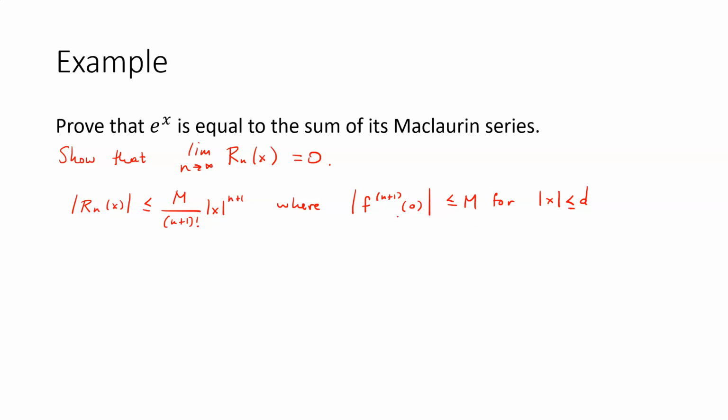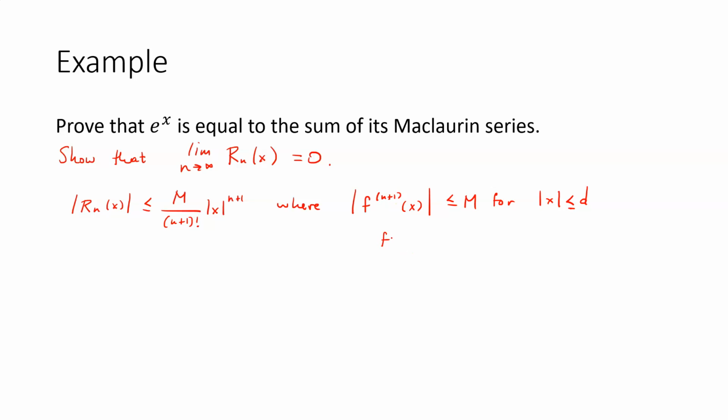Well, we know that for the function e to the x, I shouldn't use 0 here, I should use x. Anyway, so we know that for e to the x, its derivatives are always e to the x.